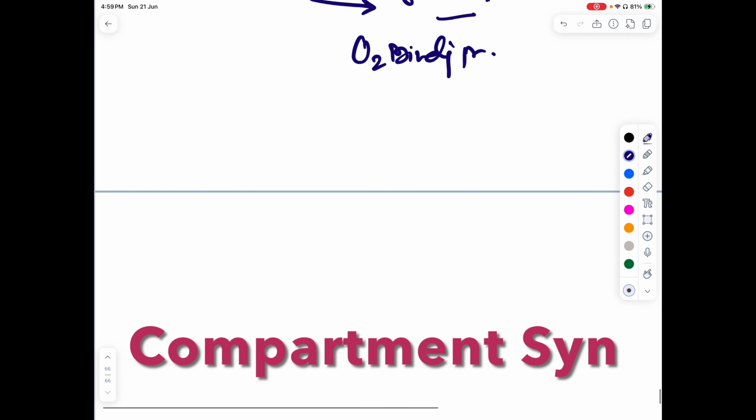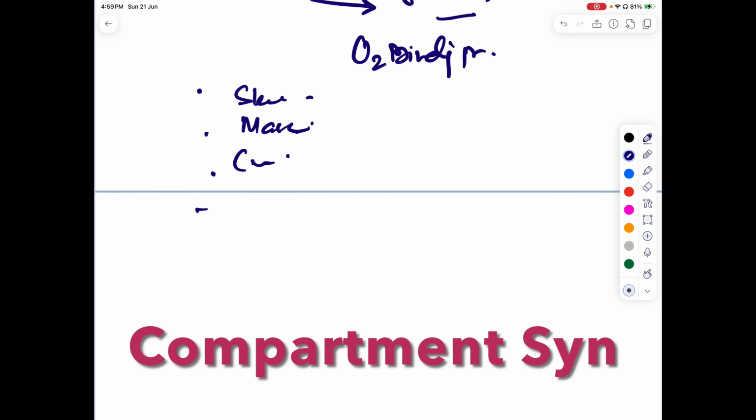So what are the other causes? What can lead to it? Skeletal muscle trauma, massive burns, crush injuries, decreased temperature, hypothermia, or reperfusion injury, and sometimes prolonged exercise.